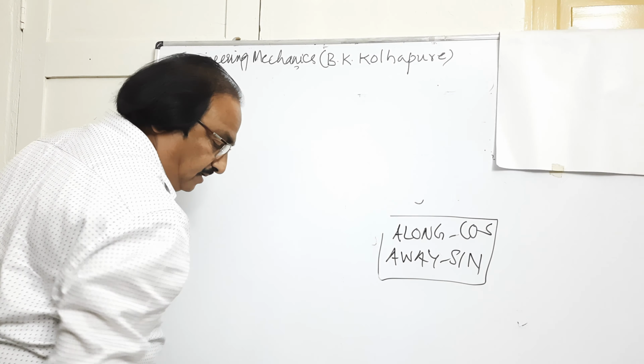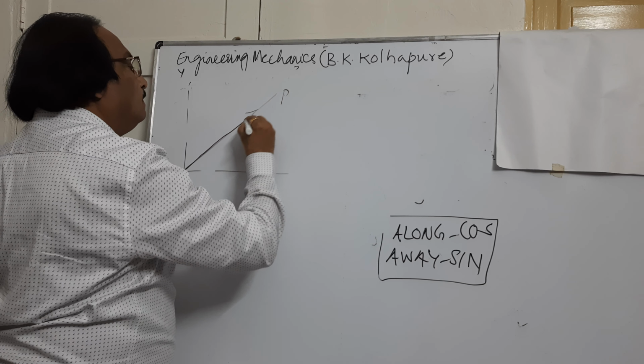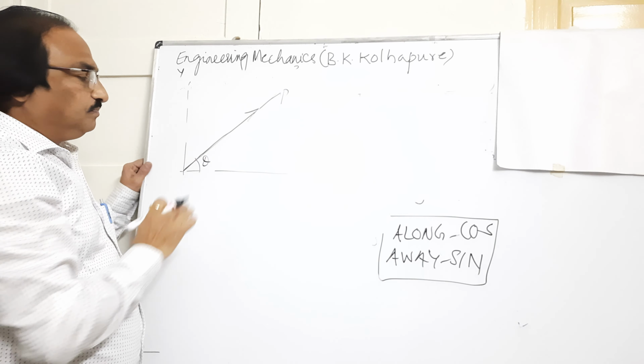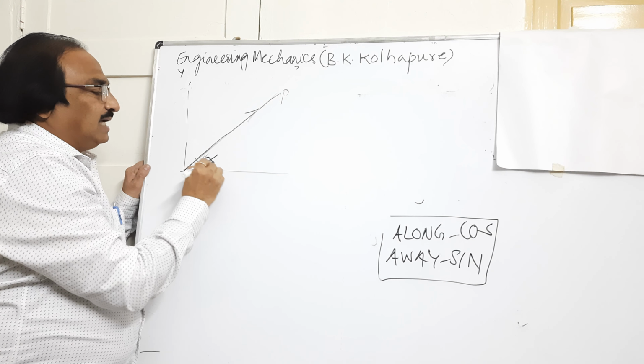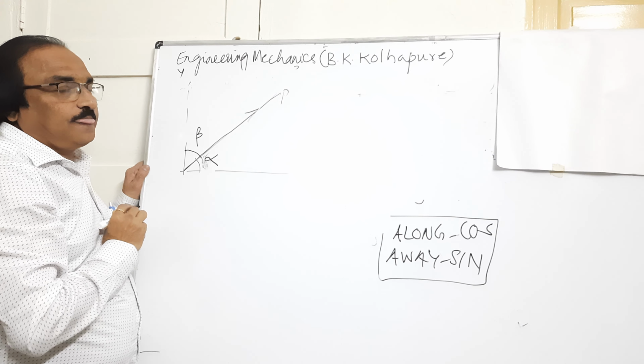So let us take a simple example. I will take the force P here. It is making an angle theta, or let me call this angle alpha. This other angle I will take as beta.